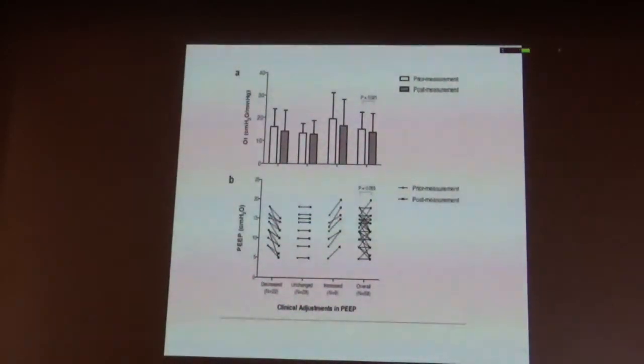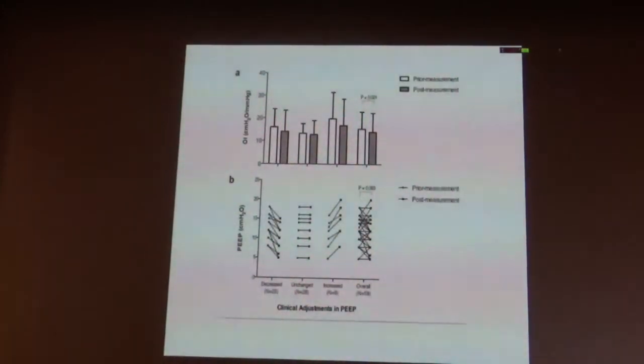And this is just to show, we looked at our data after having included 1 year, something like 65 patients, and we found that we had 3 categories of patients. Some in whom we decreased the PEEP level after this measurement, some in whom we did not change the clinical PEEP level, and some in whom we increased the PEEP level based on these measurements.